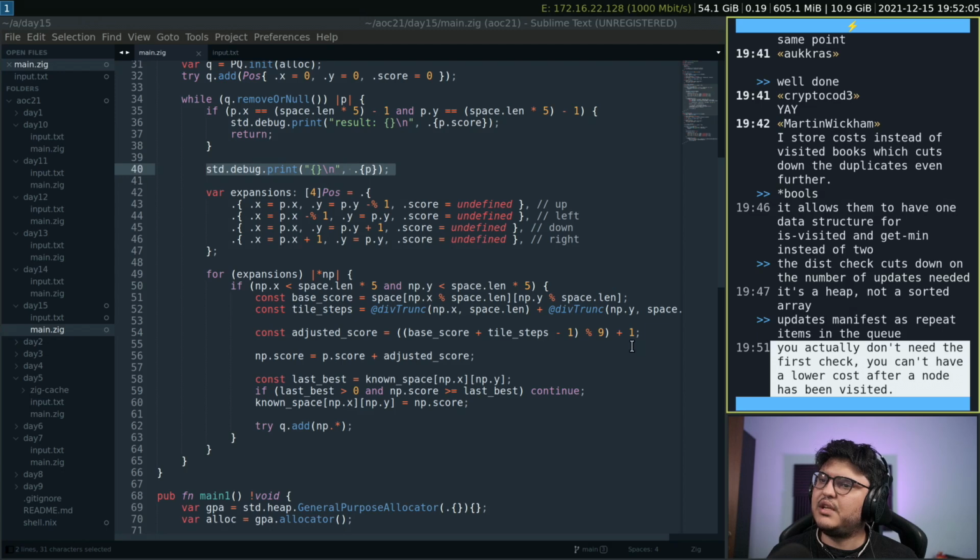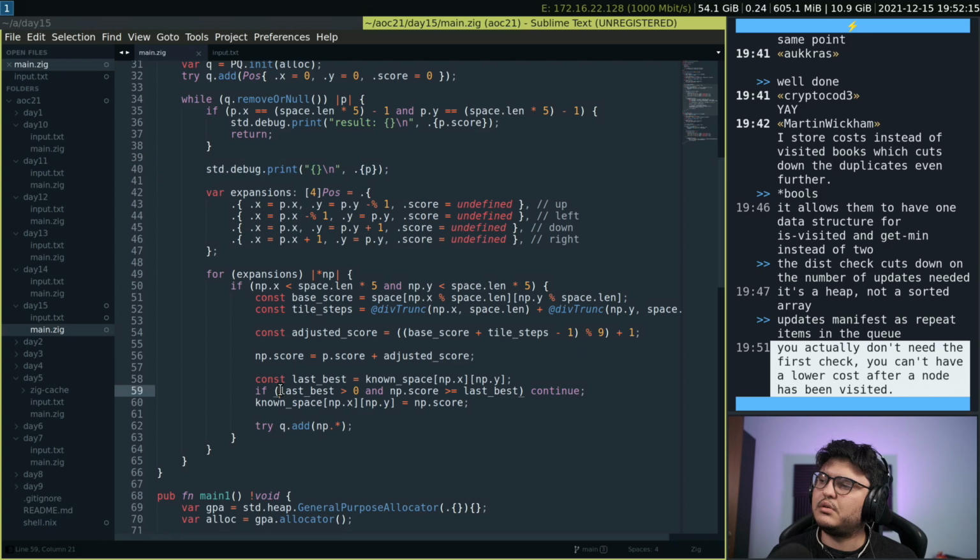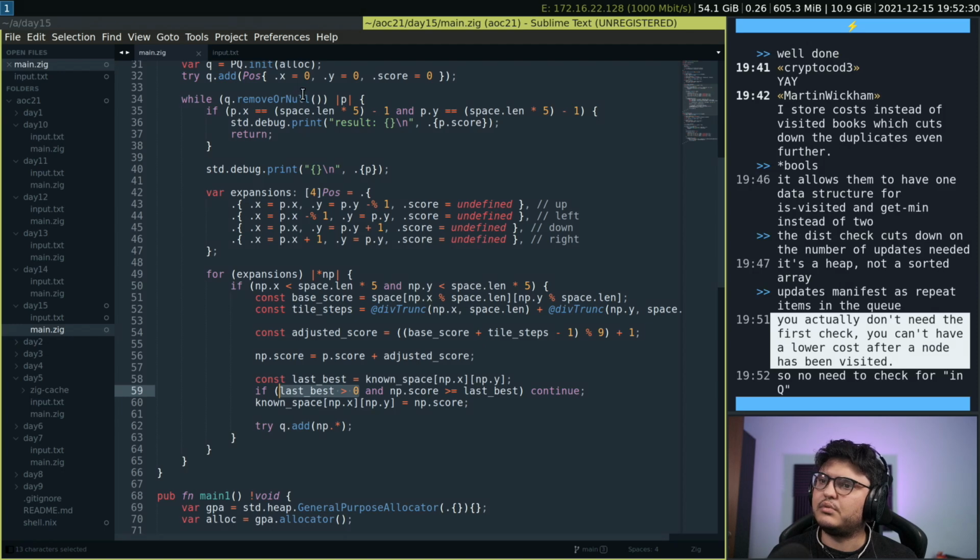You actually don't need the first check. You can't have a lower cost after a node has been visited. What's the first check then? Specs. You mean this? The first check. What's the first check that you're referring to?